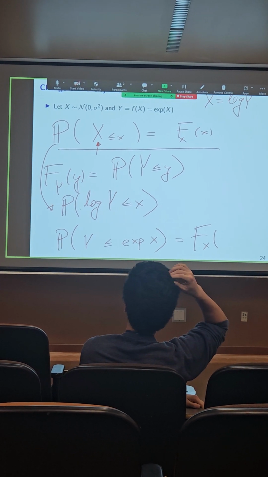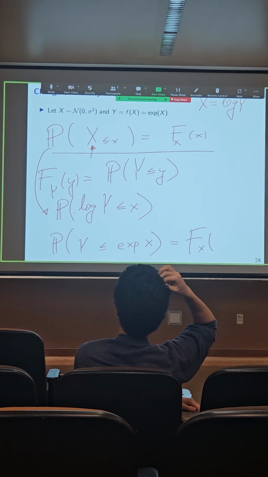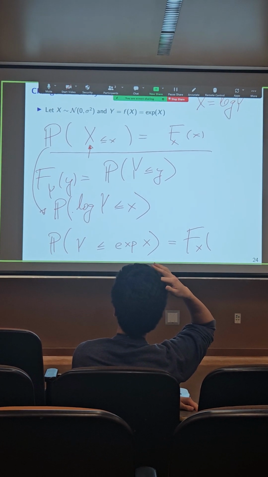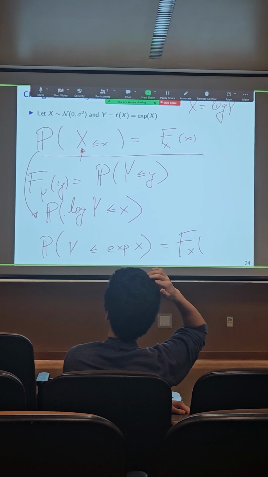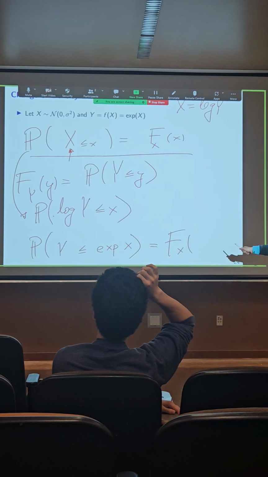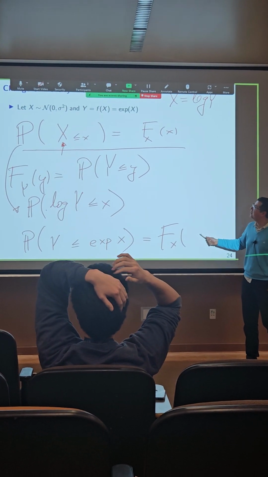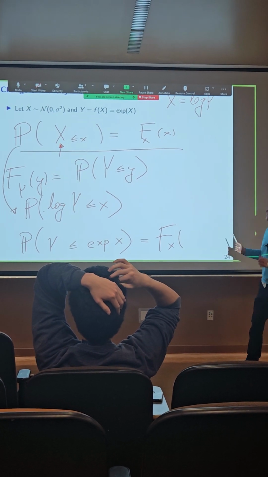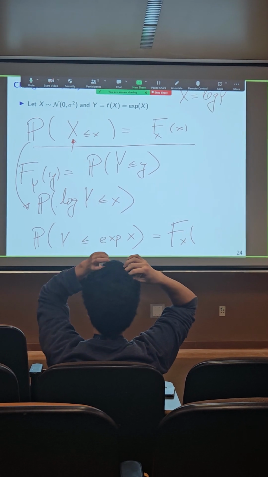Wouldn't you basically plug in the condition into the probability of x, so make it the probability of x less than the log of y, and then solve from there using the PDF or the CDF of x? Yeah, that's what I was going for, because this is the CDF of x evaluated at, wait a second. Oh yeah, we could have started that way. Actually you're right, that would have been easier.